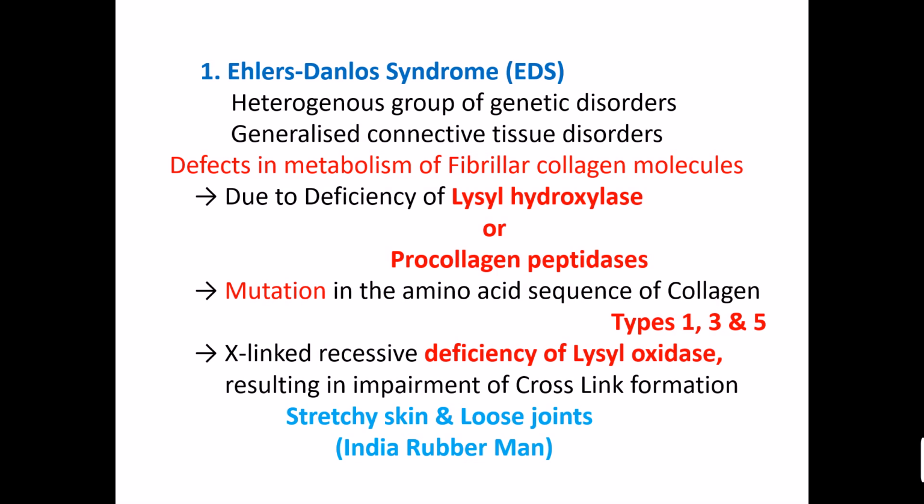And there may be X-linked recessive deficiency of lysyl oxidase enzyme that results in the impairment of cross-link formation. All of these factors lead to defective collagen formation, and then we see stretchy skin and loose joints in the case of EDS, which is commonly known as India rubber man, and sometimes it is seen in persons who are gymnasts and in the circus and all that.